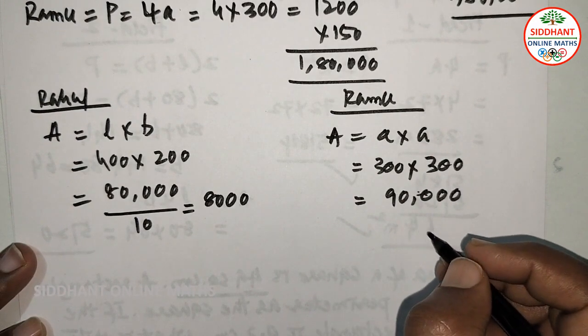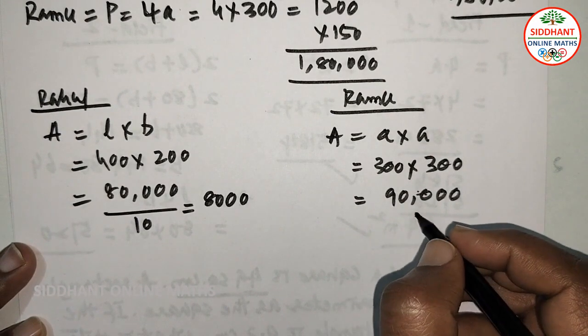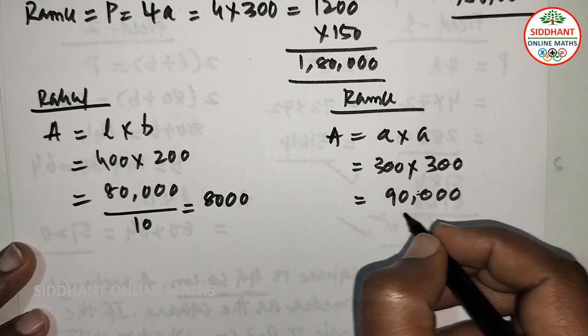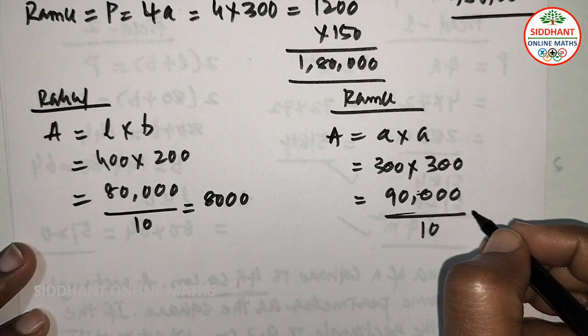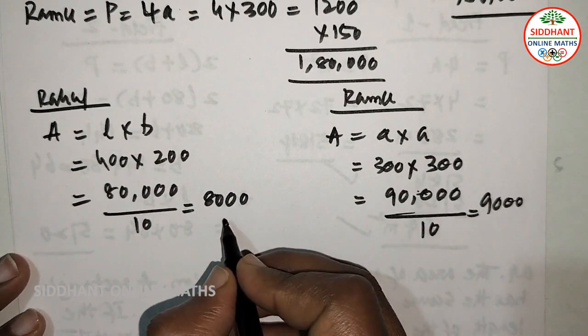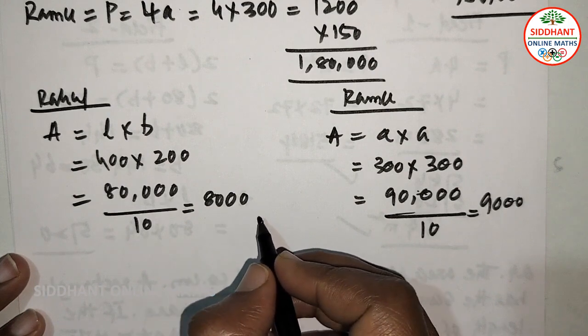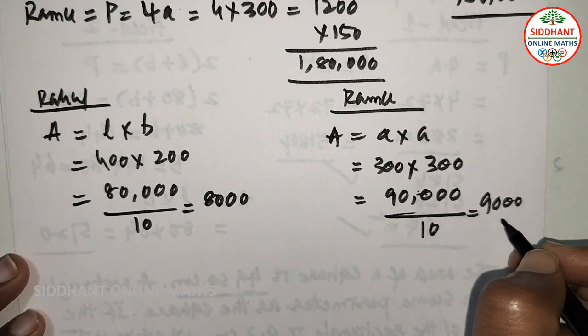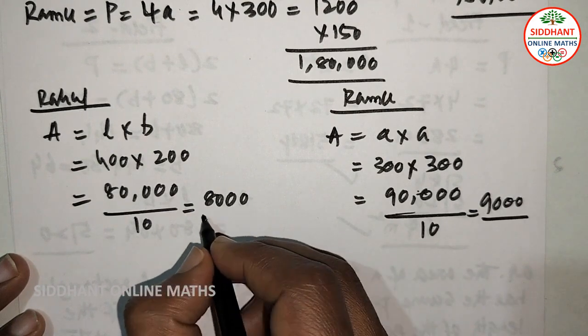Per 10 square meters, one tree is planted. Then for 90,000 square meters, how many trees can be planted? Divide by 10, that will be 9,000. So for Rahul, 8,000 trees can be planted, and for Ramu 9,000.